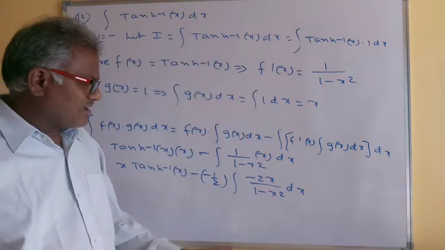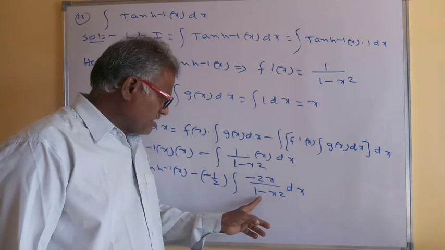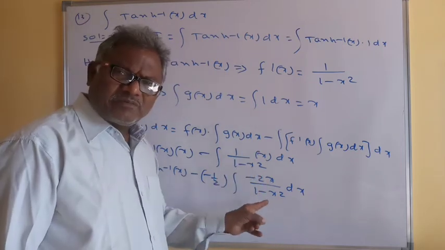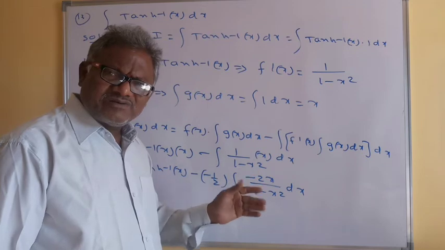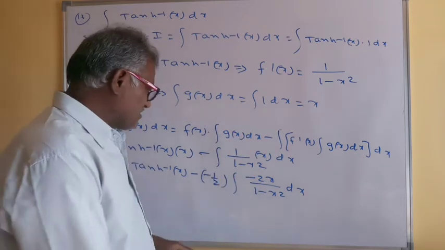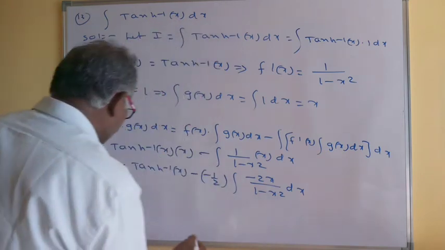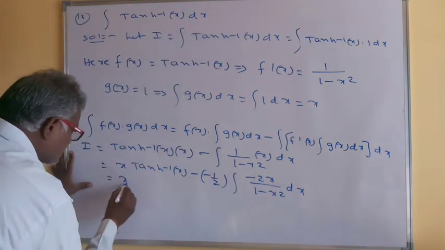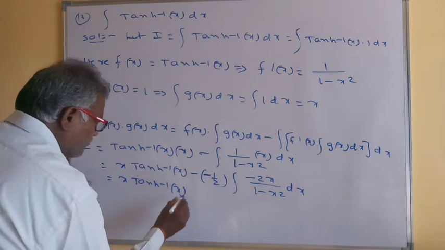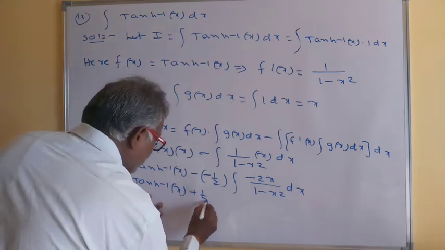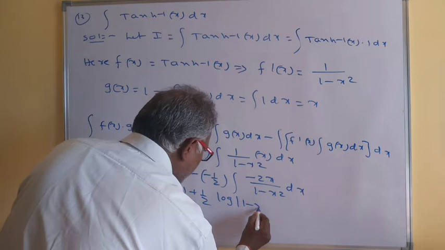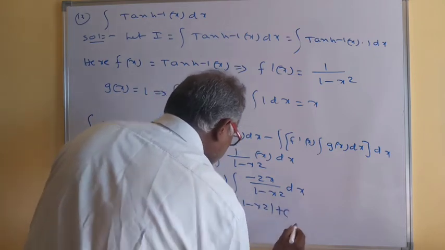Here the derivative of the denominator is minus 2x. Only x is there, so to obtain minus 2x you multiply and divide by minus 2. No change in this one. So clearly it is f dash x by f of x, and the integral of f dash x by f of x is log f of x plus c.